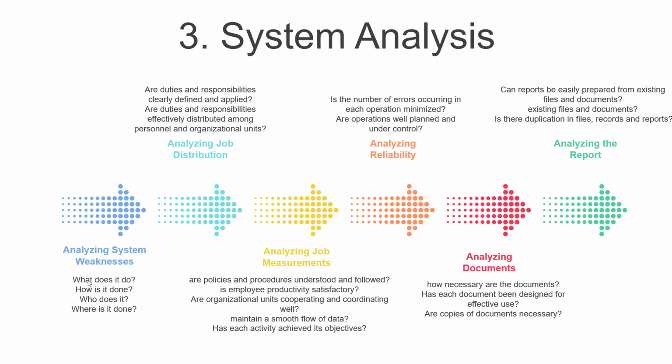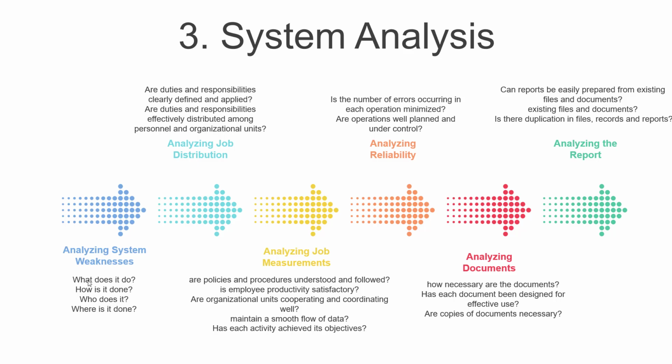It's important as the first step to know what we want to do further. If you know the system weaknesses, we can go on to the next step, analyzing job distribution. Are our duties and responsibilities clearly defined and applied?